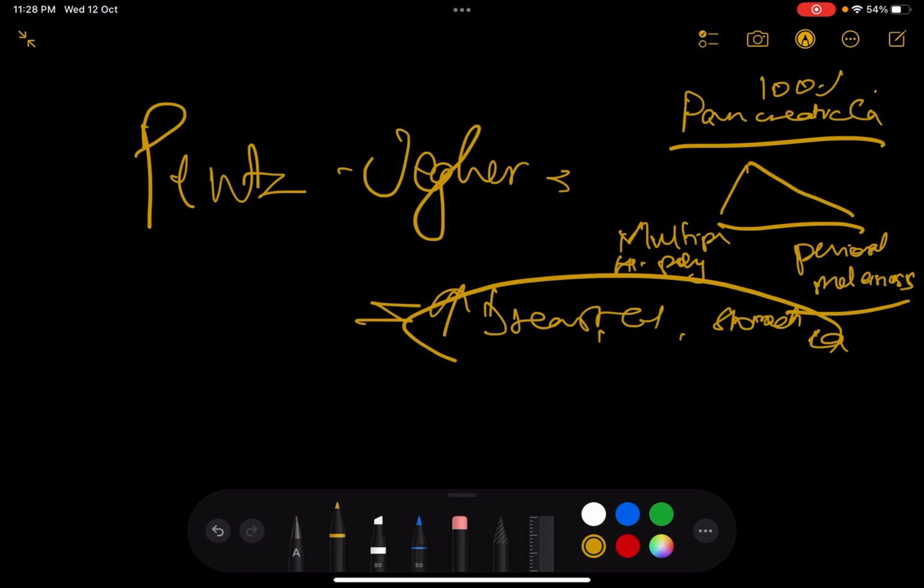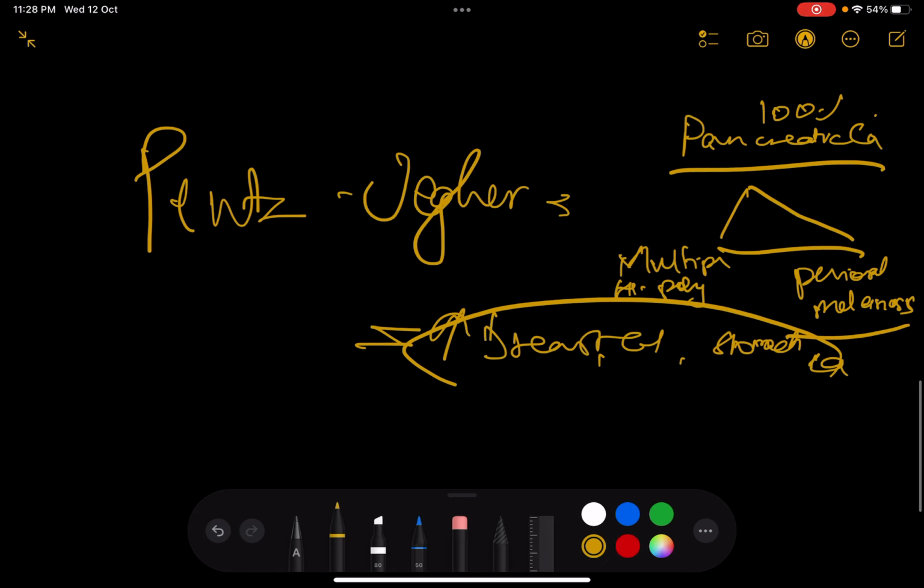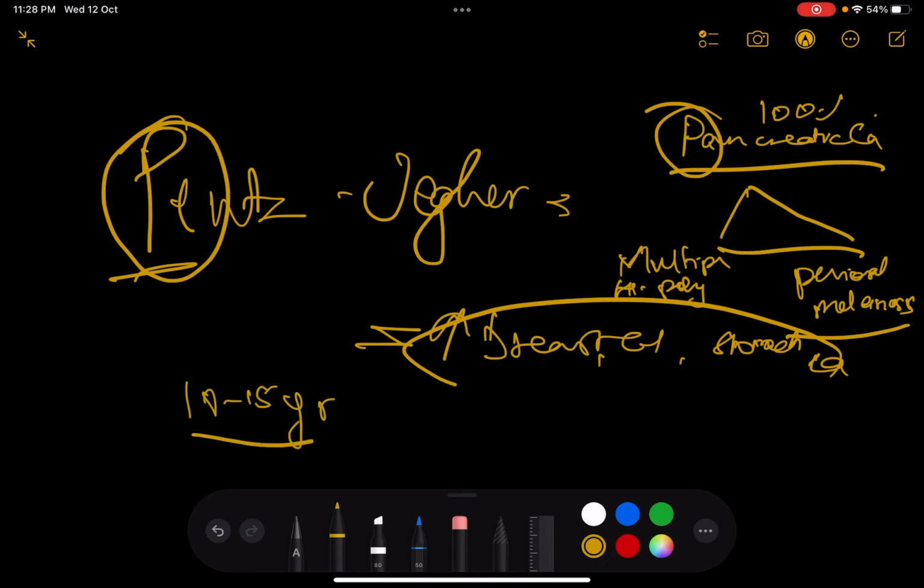But one particular cancer that we should remember is pancreatic cancer, because pancreas is PJ: P for pancreas, P for PJ. Why does this occur? It's seen in 10 to 15 year olds, because by then all the manifestations are seen. And it's because of the gene mutation STK11, LKB1.